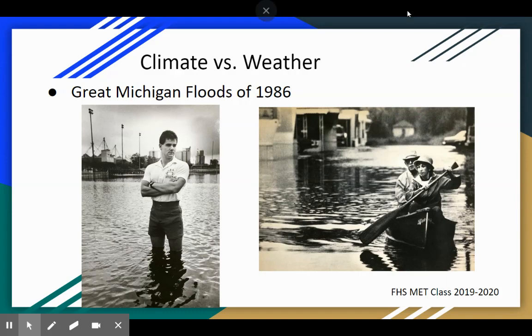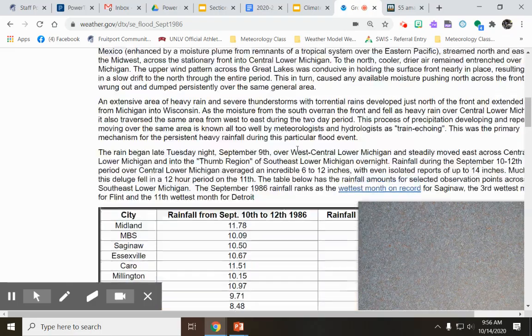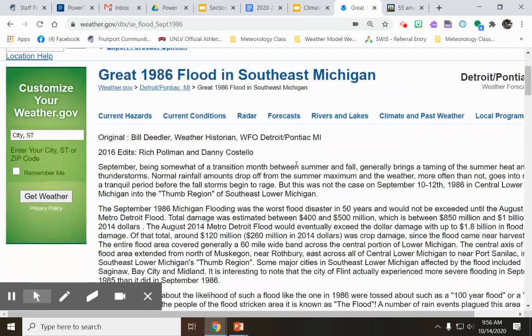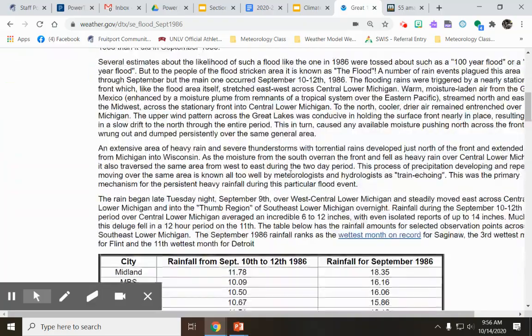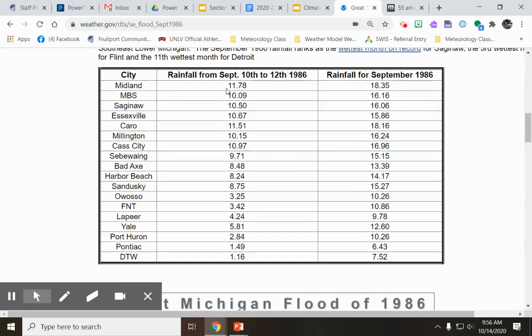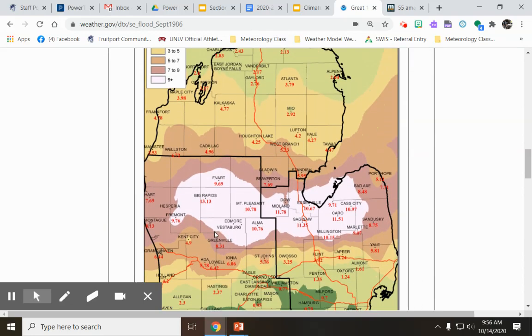And I'll show you this in class also, but if you search the Great Michigan Floods of 1986, the National Weather Service actually has a great article that talks about all of the flooding throughout the state. And you can see the large amounts of precipitation, not just for those 3 days, but also for the entire month of September. And then an aerial map, the map of the state that shows where the heaviest rains were.